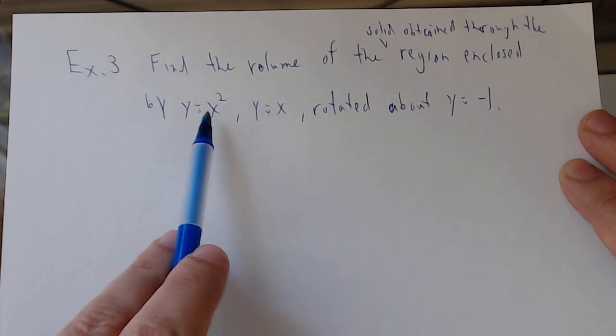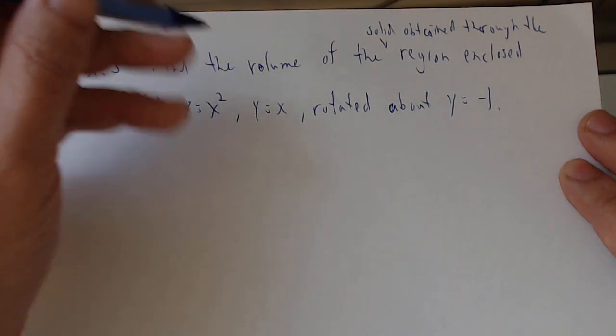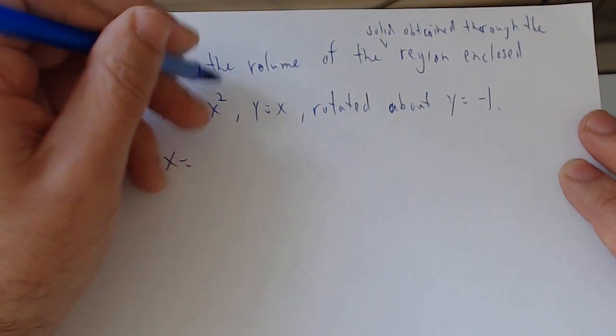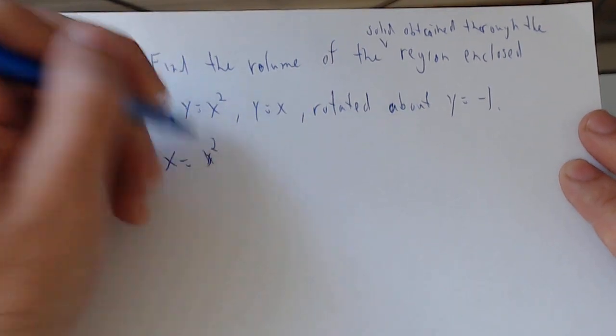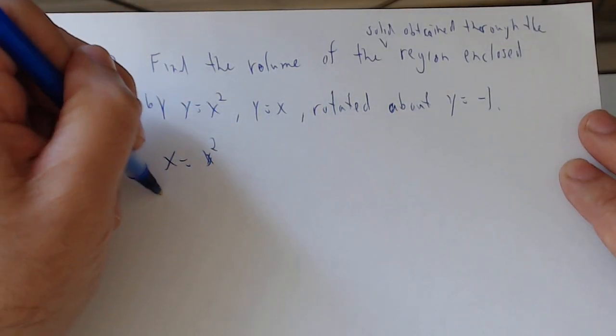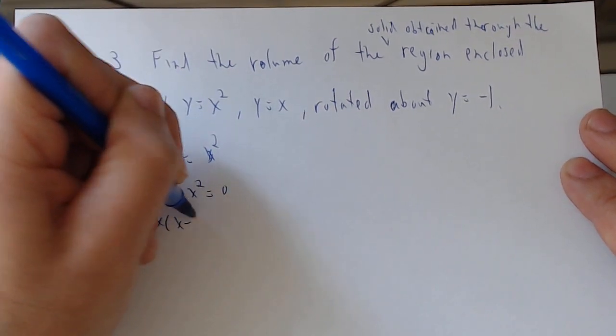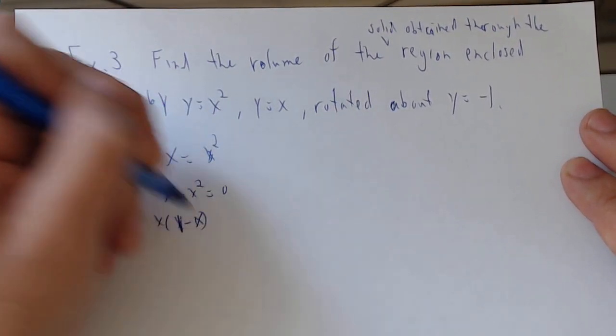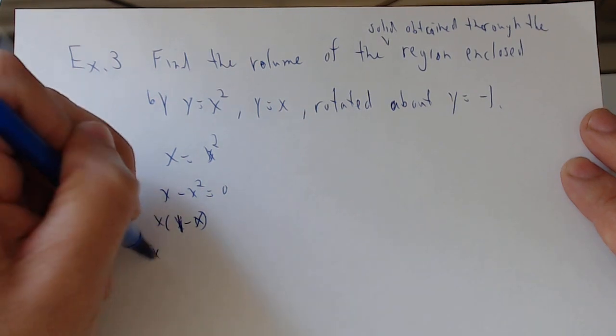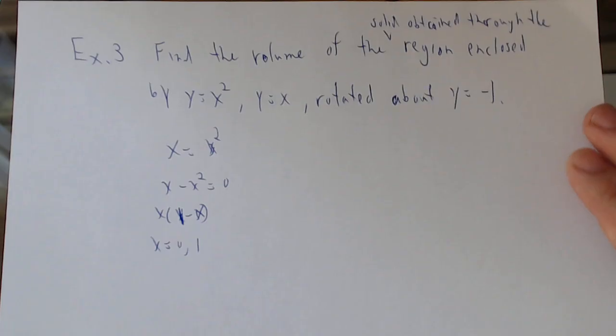So let's first find where they close up on each other. If I set x equal to x squared, I find that x minus x squared equals 0. Factor out an x, and we get x times (1 minus x), which means x equals 0 and 1. That's where they intersect.